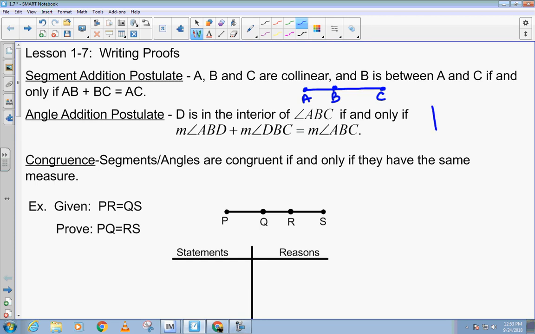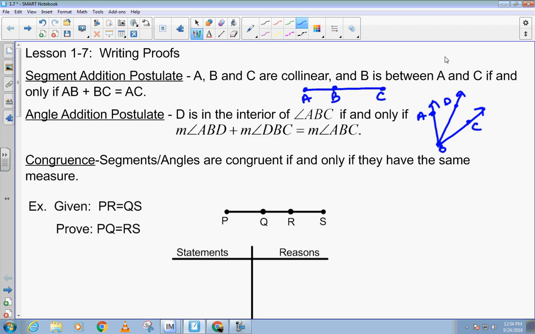And it says that if D is in the interior of angle ABC, then again, if you add those two smaller angles together, it will equal the entire angle. So the measure of angle ABD plus the measure of angle DBC equals the measure of angle ABC. Okay? So those are going to come into play a little bit today.